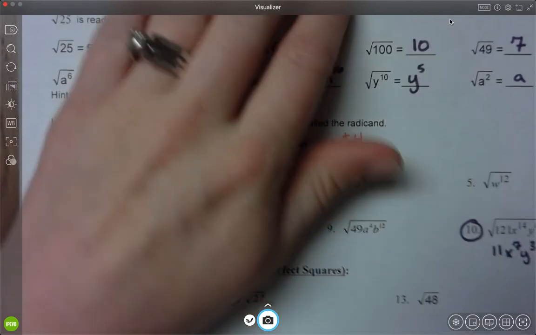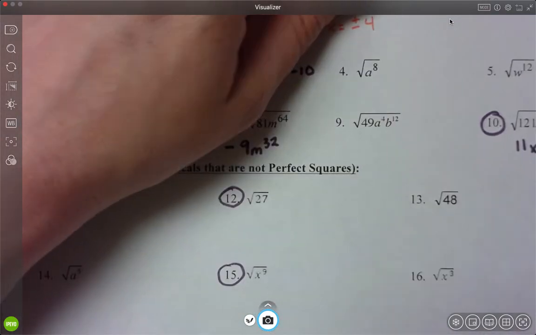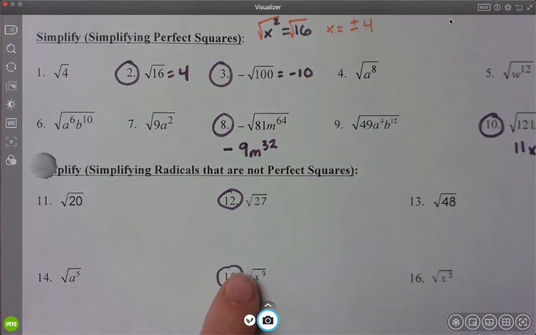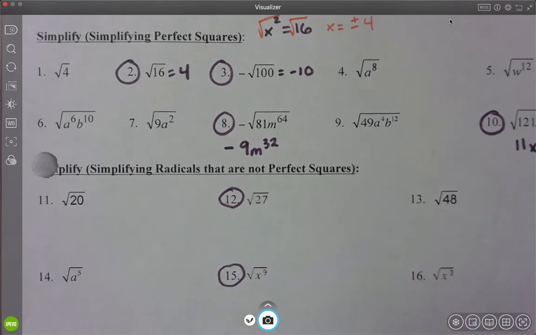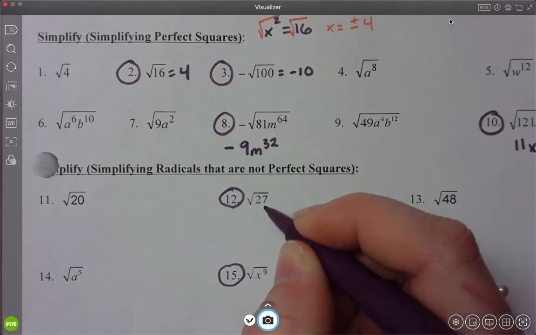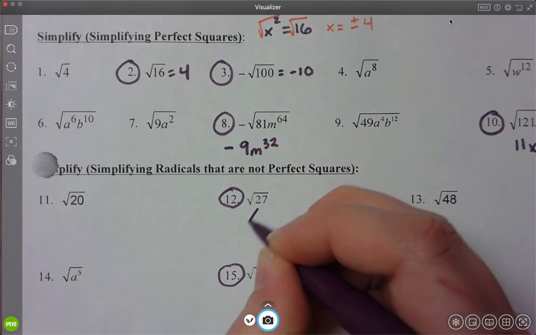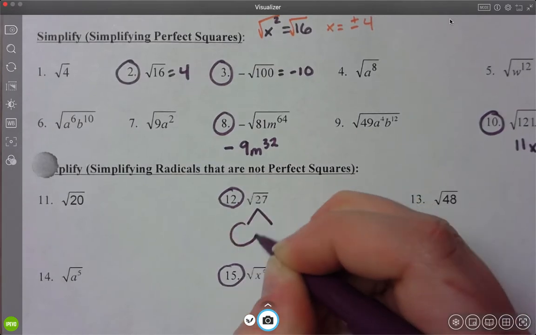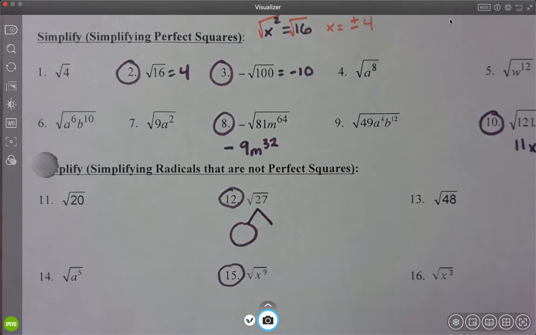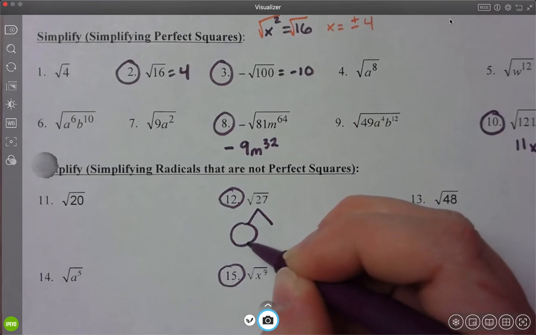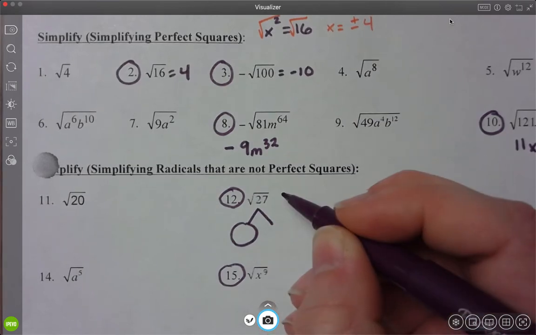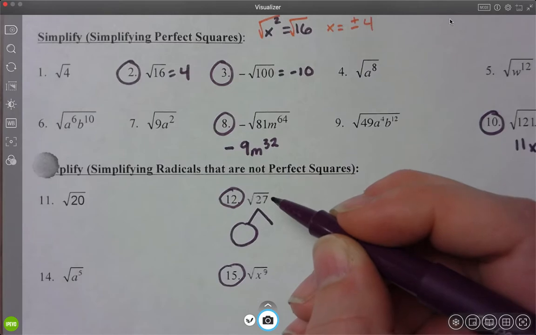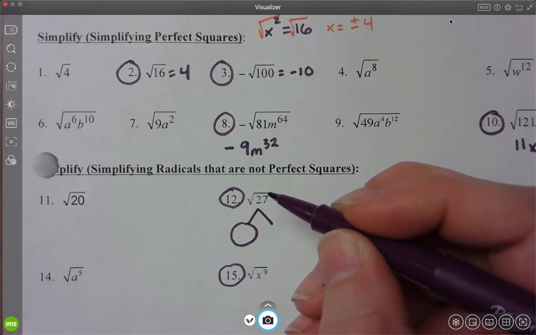So when you have the square root of something like the square root of 27 or the square root of 48, since 27 isn't a perfect square, I break it down like this. I want to find a number that goes into 27 that I can take the perfect square root of.